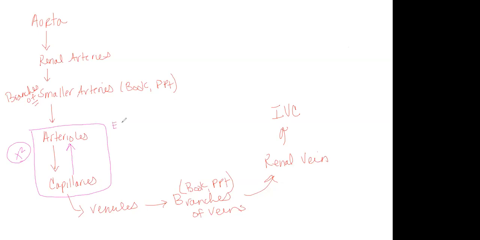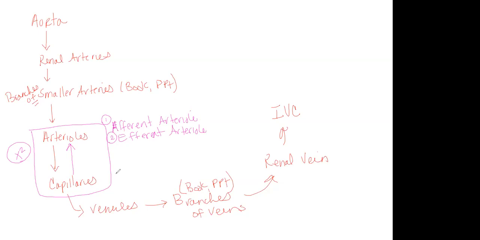The first arteriole is called the afferent arteriole, and the second one is called the efferent arteriole.